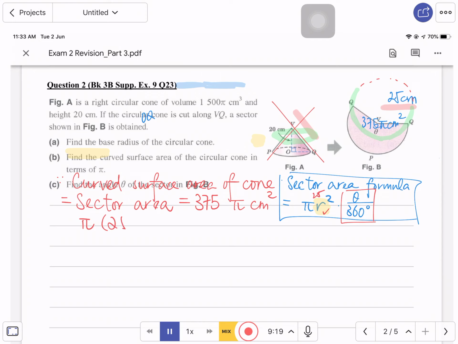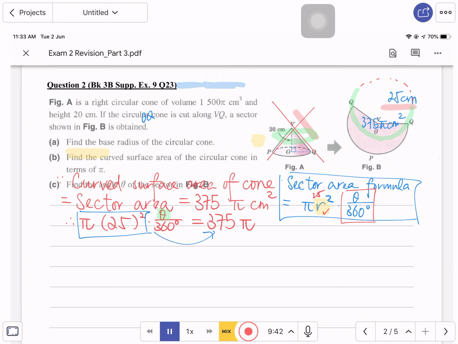Pi times 25 square times theta over 360 degree will be 375 pi. Now the unknown that we want to find is theta. We do it part by part.